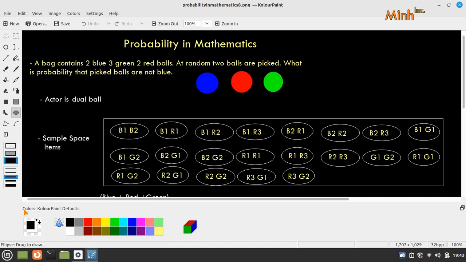Okay, so a bag contains 3 red balls and 2 green balls.